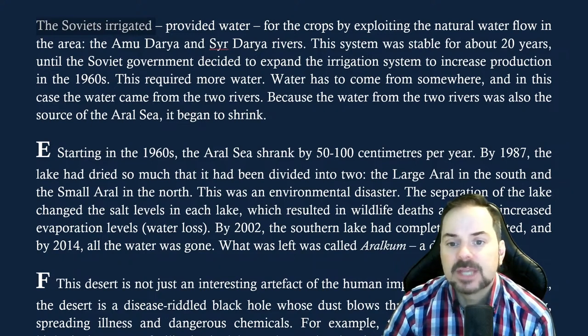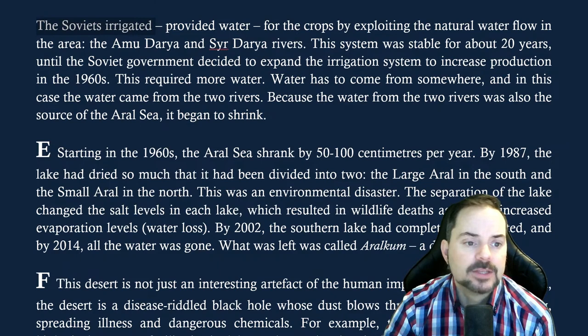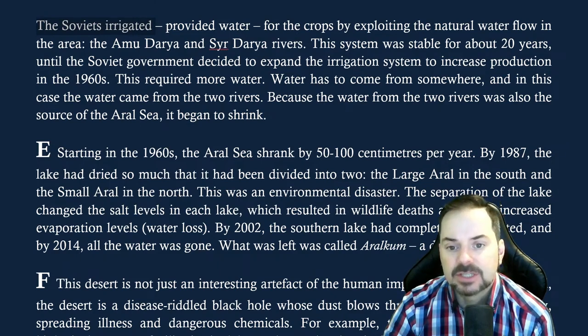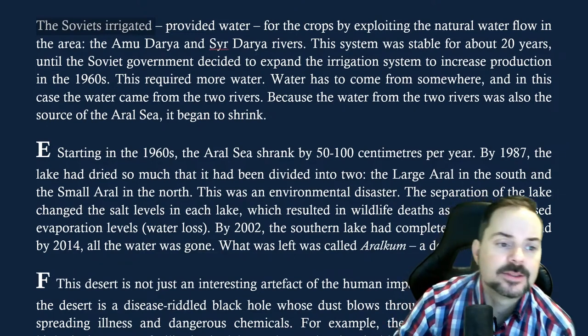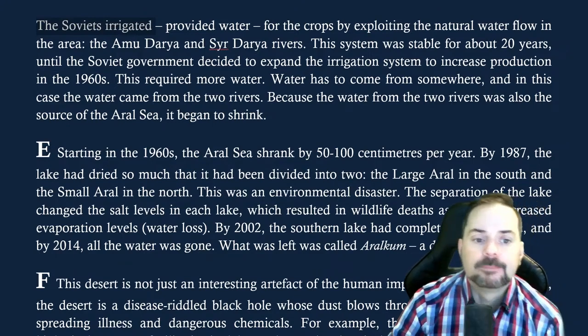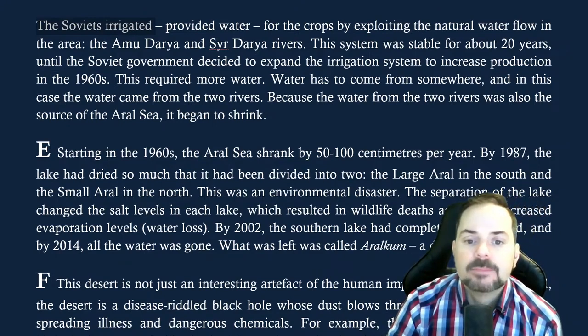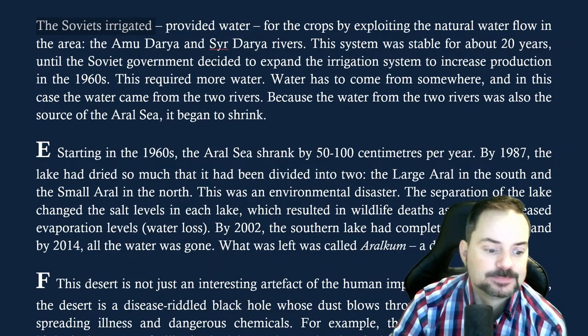This system was stable for about 20 years until the Soviet government decided to expand the irrigation system to increase production in the 1960s. This required more water. Water has to come from somewhere, and in this case, the water came from the two rivers. Because the water from the two rivers was also the source of the Aral Sea, it began to shrink.